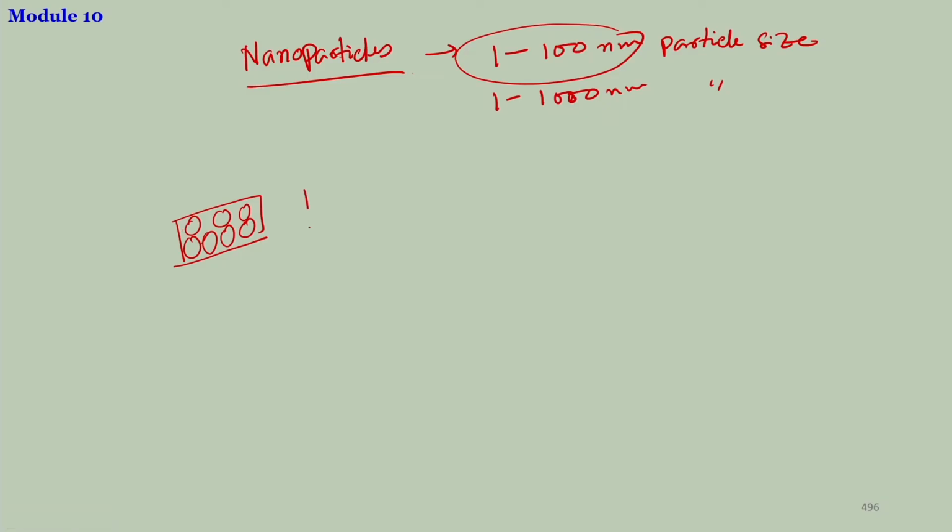The same molecules can be reduced to nanoparticles, which means their sizes can be reduced into the nanometer scale. Then the size becomes very small, and within the same space it can accommodate many of those same molecules.